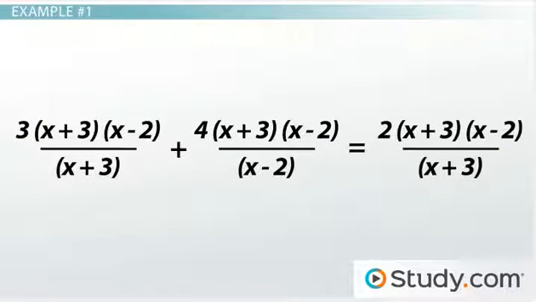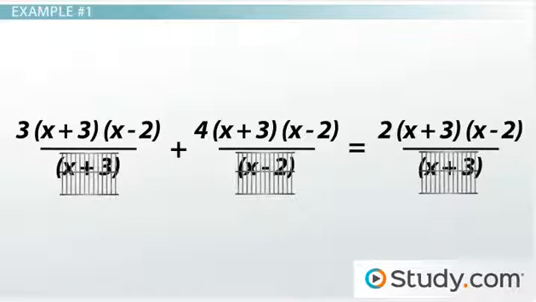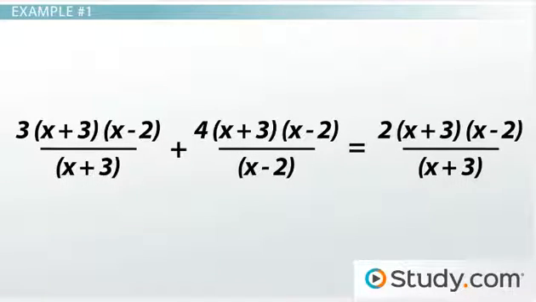This is how that will look. 3 times x plus 3 times x minus 2 over x plus 3, plus 4 times x plus 3 times x minus 2 over x minus 2 equals 2 times x plus 3 times x minus 2 divided by x plus 3. It isn't easy for the denominators to be released. There is a battle, and like terms in the numerator and denominator get canceled or slashed.